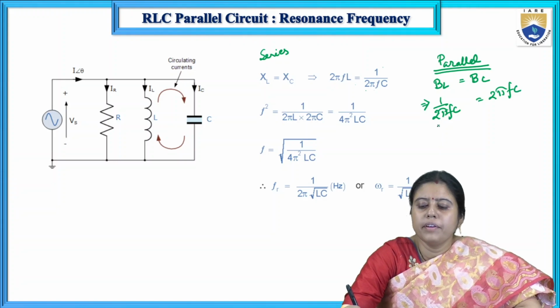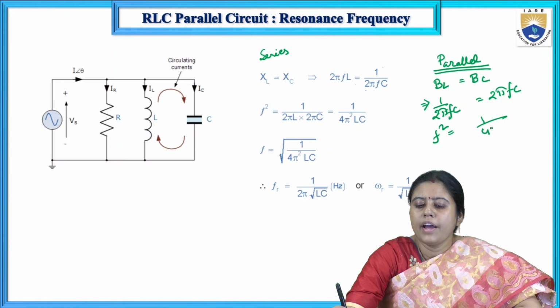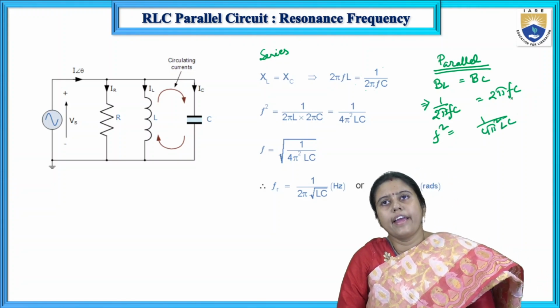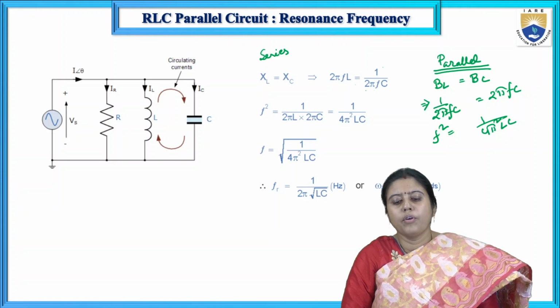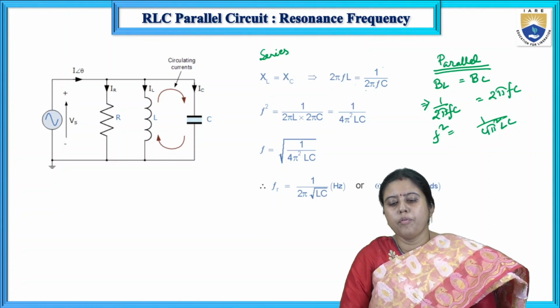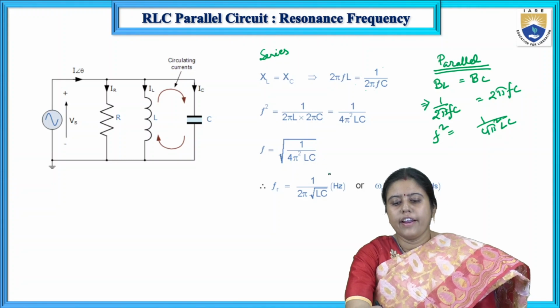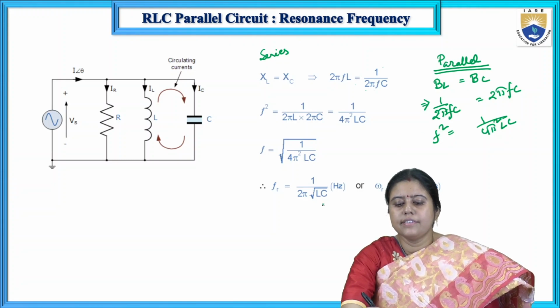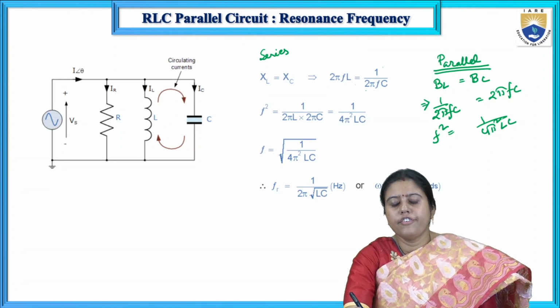Again we get F square is equal to 1 by 4 pi square LC. For both cases we get the same equation. So F is equal to the root of 1 by 4 pi square LC, which is FR is equal to 1 by 2 pi root of LC. We can tell it is the resonant frequency.